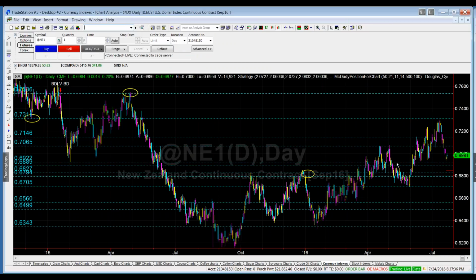As you can see, it bounced off the 69.22, there is a small gap here, and it looks like it wants to push higher. So I'll be looking to buy the New Zealand. We had 1, 2, 3, 4, 5, 6, 7 days down, so we might get 3, 4 days up because it doesn't move in a straight line. Okay? And that's pretty much the premise which I said.